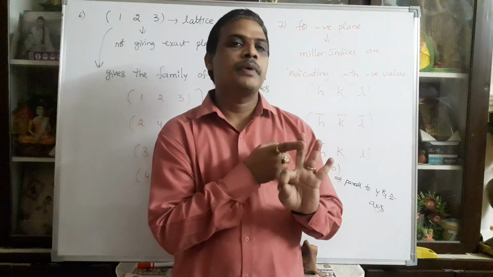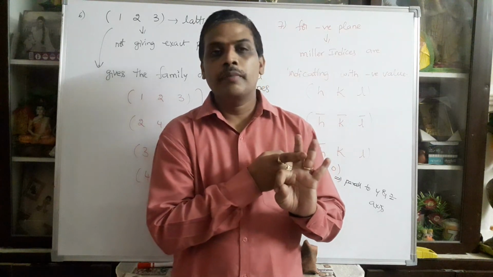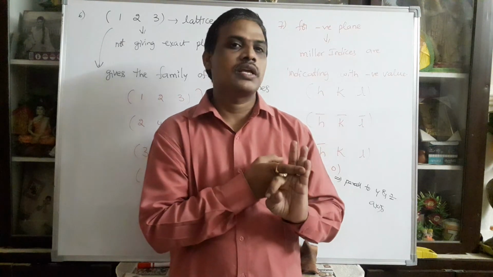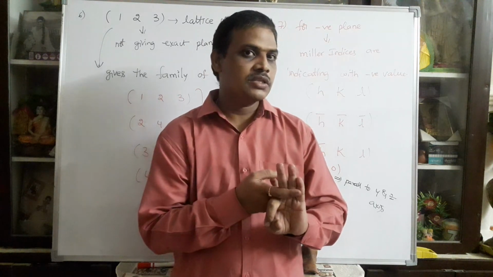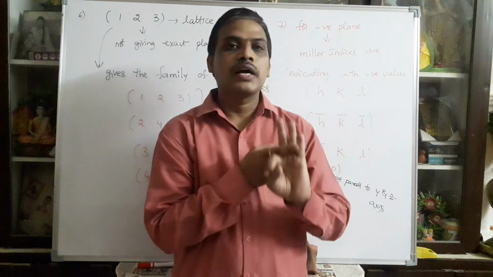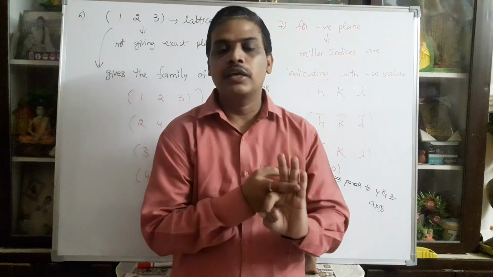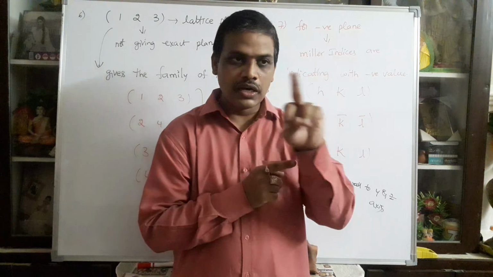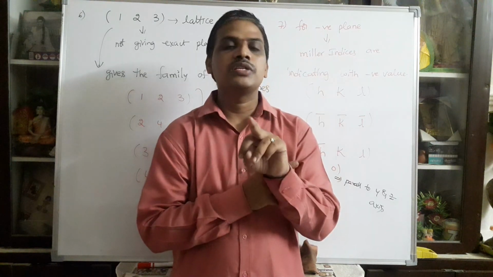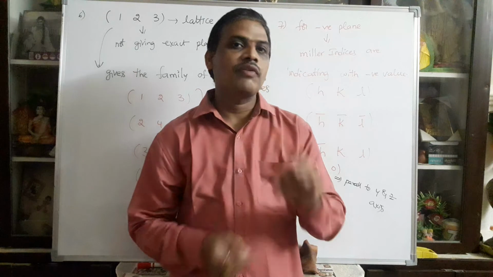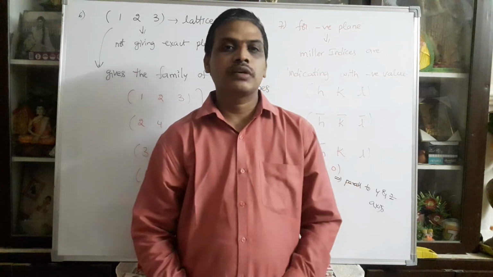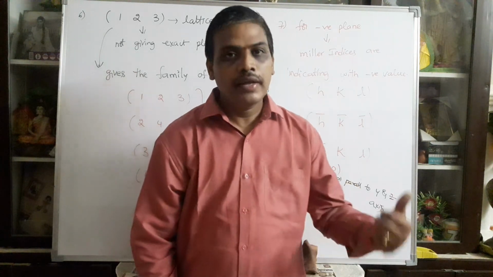One more topic is pending: determining the interplanar distance. What is interplanar distance? The distance between successive lattice planes is called the interplanar distance, indicated by the letter small d. These three topics will be discussed in our next class.